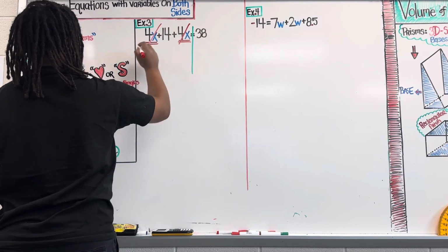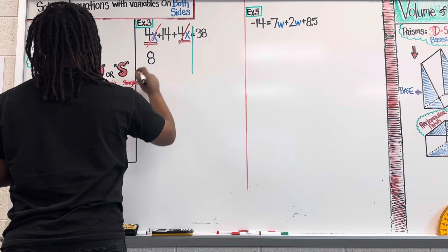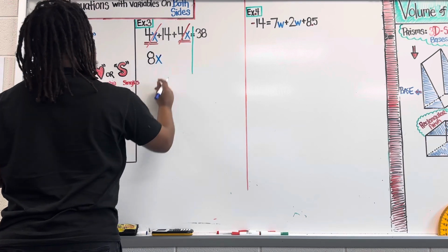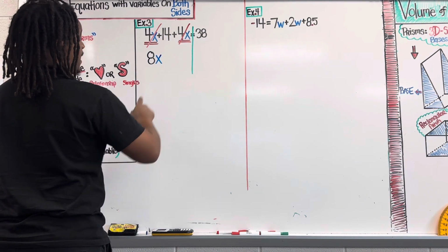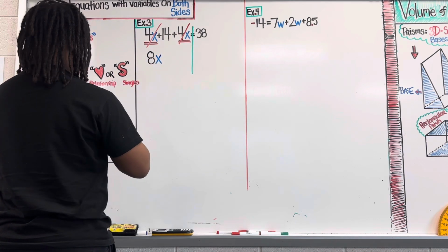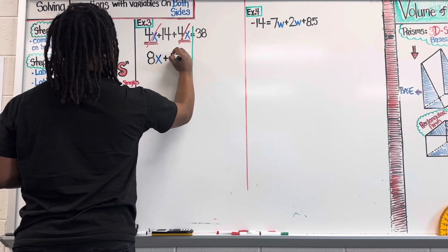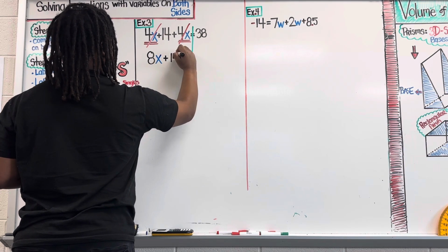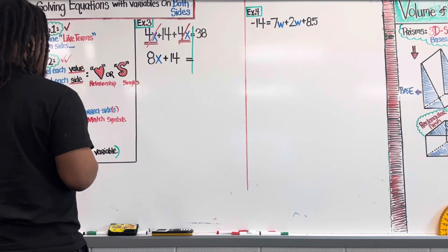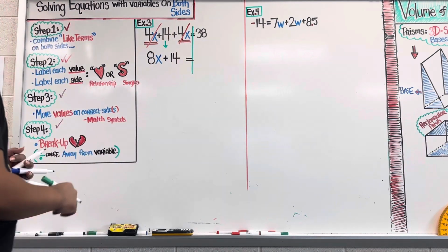I have successfully combined both 4x's, which equals 8x. Now, I still have that 14. I don't have any values or numbers to combine with 14, so 14 is just going to come down as 14. So 4x plus 14 plus 4x equals 8x plus 14.